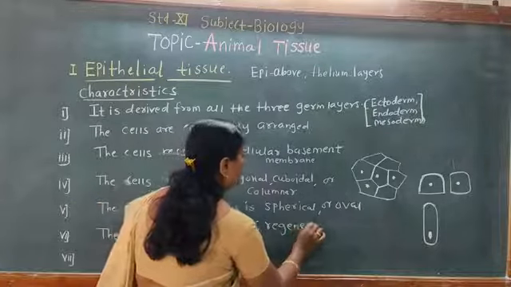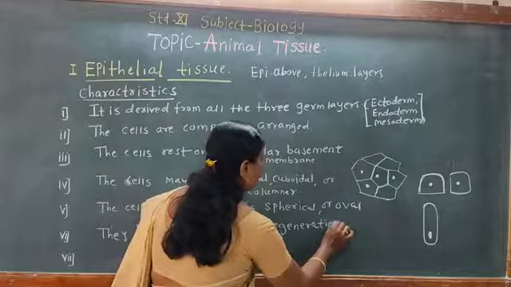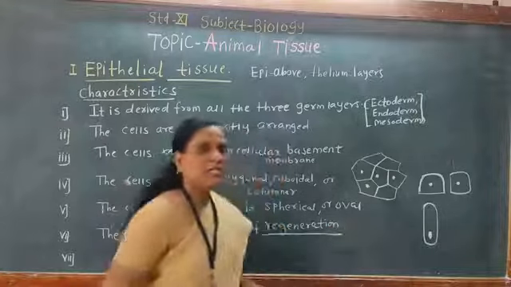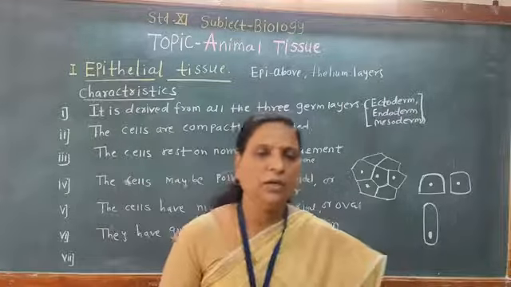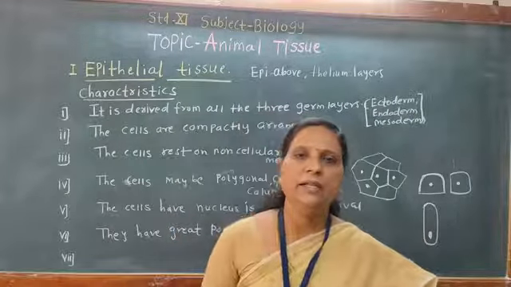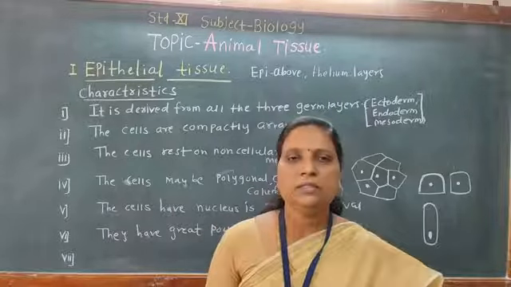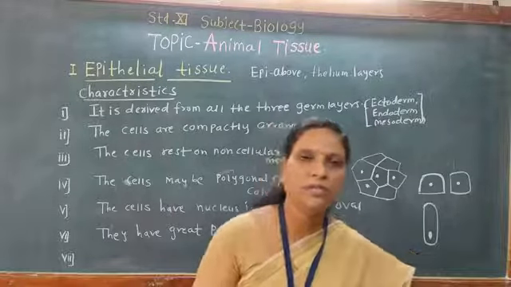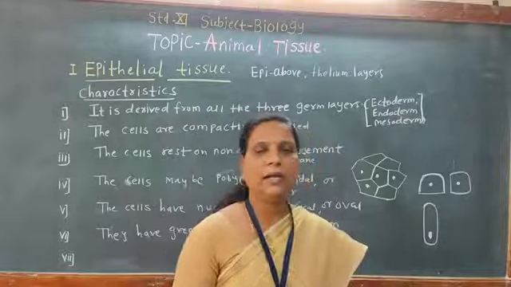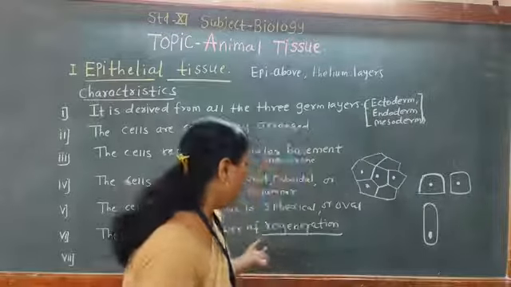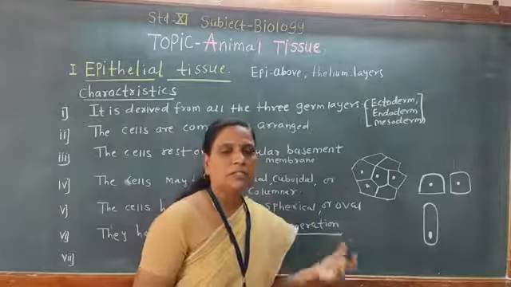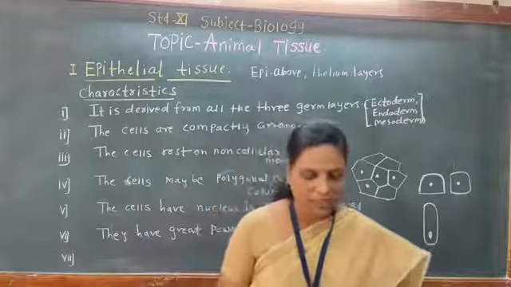What is the meaning of regeneration? The old is replaced by new. Continuously they divide and redivide, and the old cells get replaced by new cells. That is also called wear and tear. Such a property is present only in epithelial cells.